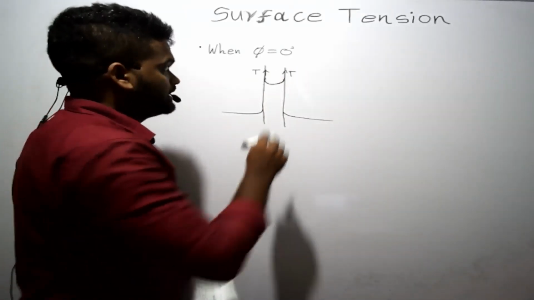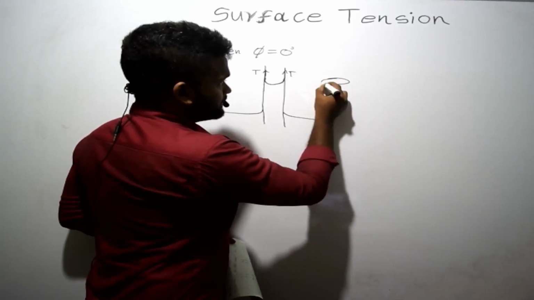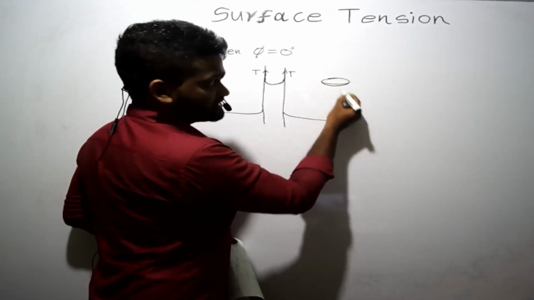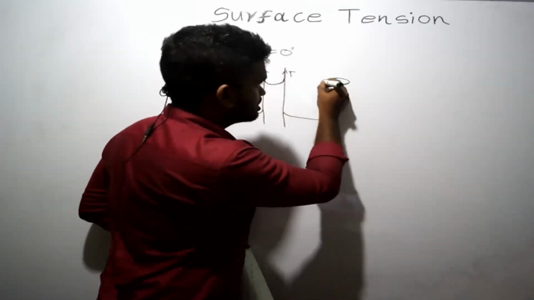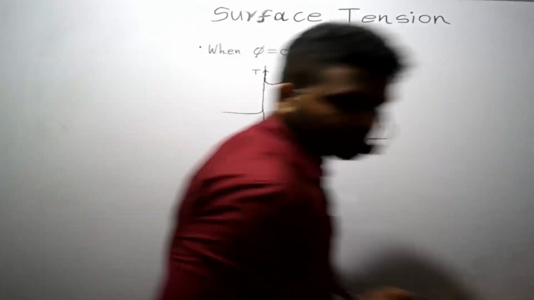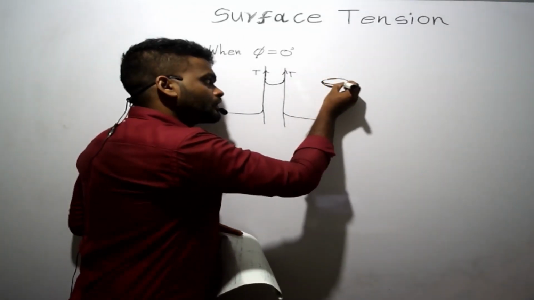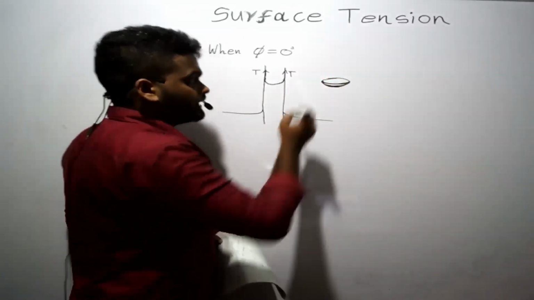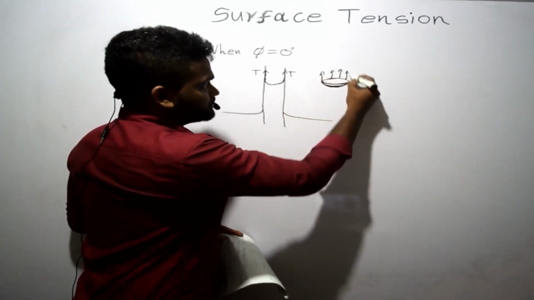If you take a 3D shape of the meniscus, it is like this. Can you see that? This is how the surface tension forces are acting.